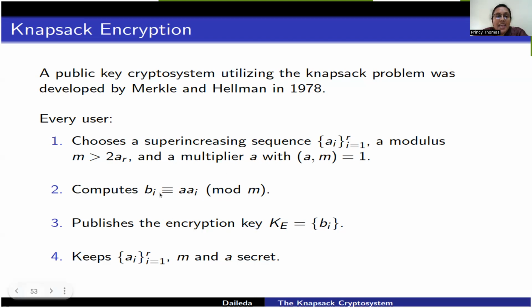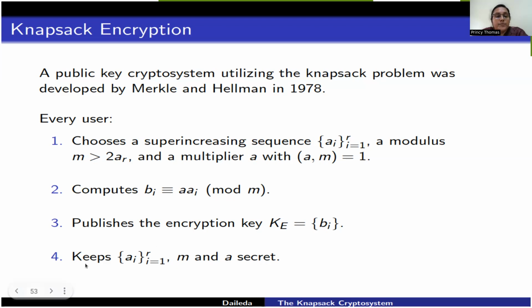BI is A into AI mod M. Okay, and then the encryption key BI is published.